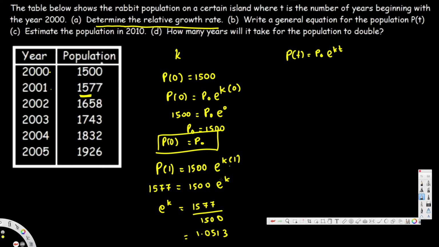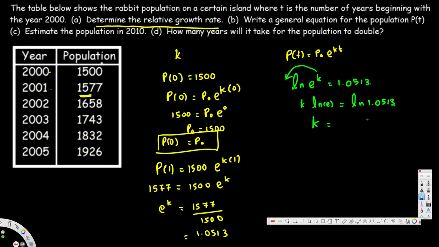So we take ln of both sides. Ln of e power k is equal to ln of 1.0513. Ln e power k can be written as k times ln of e, bringing the power to the front. Ln of e is just 1, so this is going to be just k.